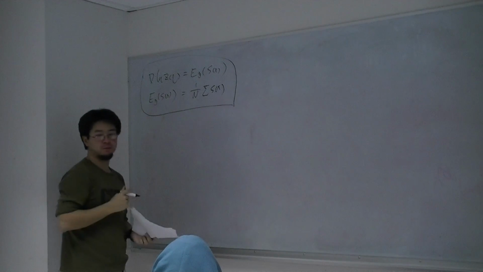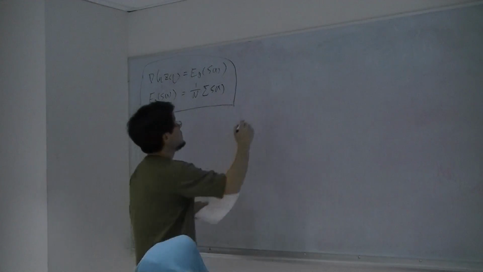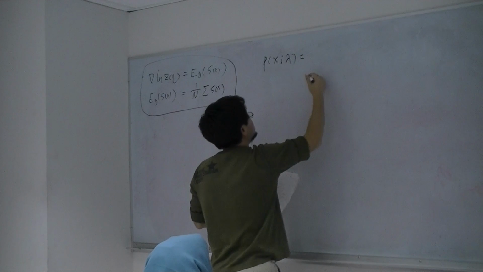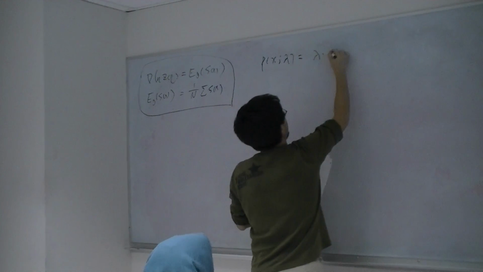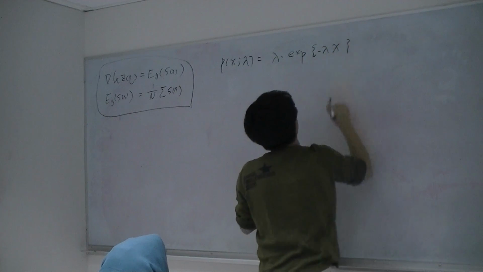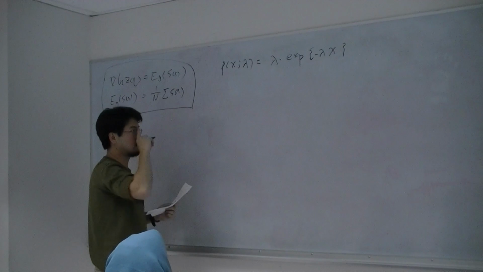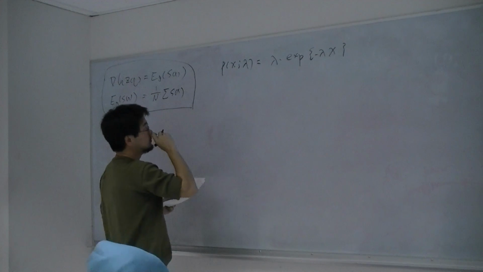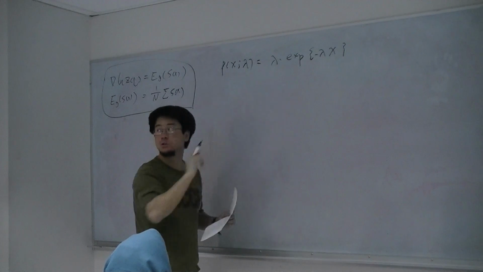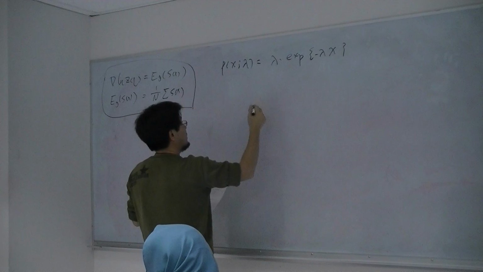We just pick a simple distribution, like the exponential distribution, p(x|lambda). This distribution is also a member of the exponential family. If we match this to the exponential family distribution, we can get a few parameters.